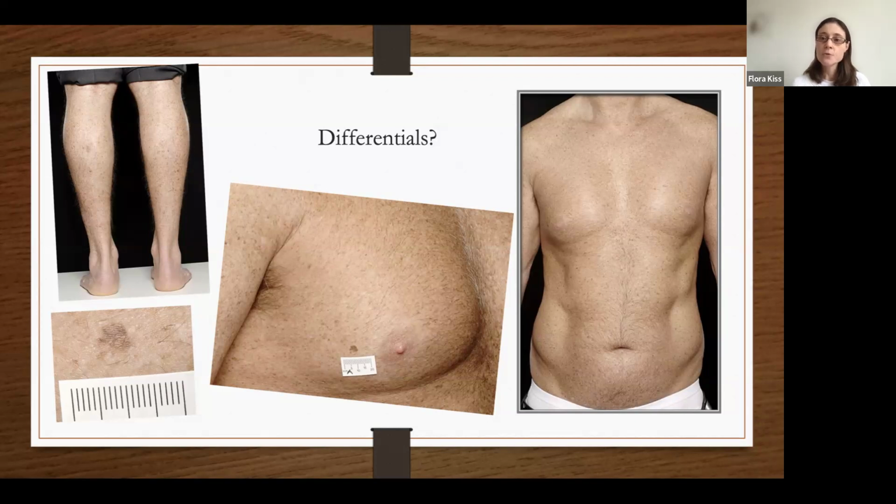You can see that this patient has multiple, and that's why it's called PUVA lentigines. It's a rare side effect which may occur with PUVA therapy, as well as, for example, PUVA itch, which is also another rare side effect. This patient didn't have PUVA itch, but has developed PUVA lentigines.